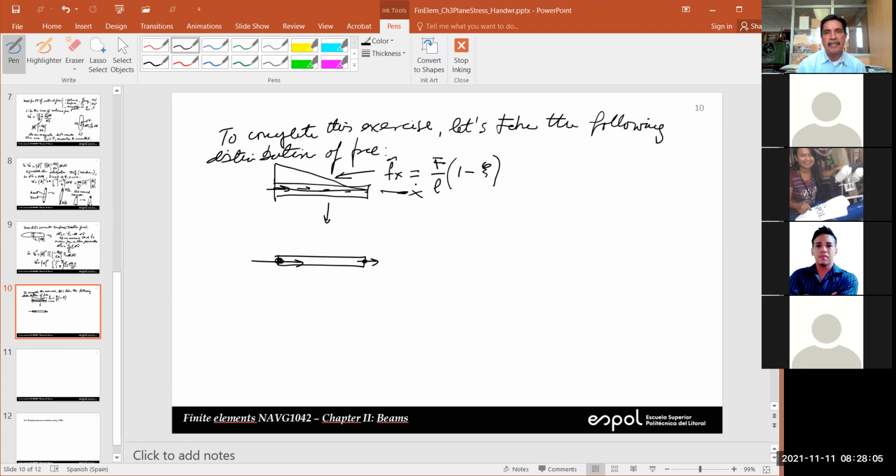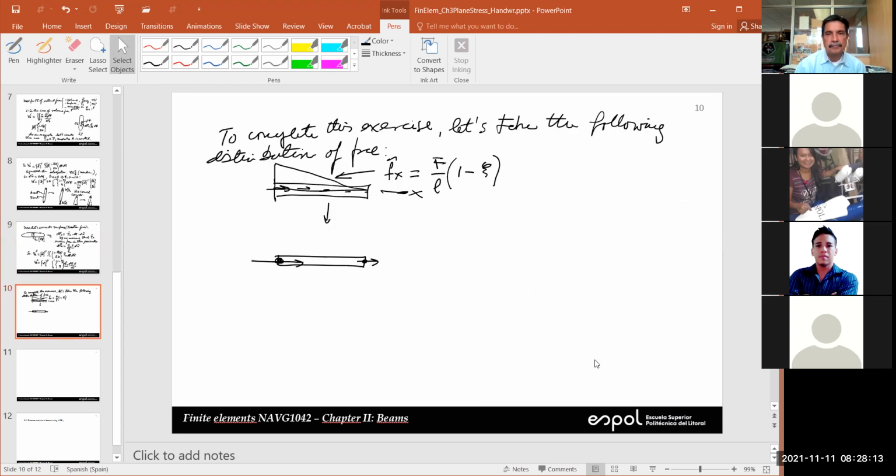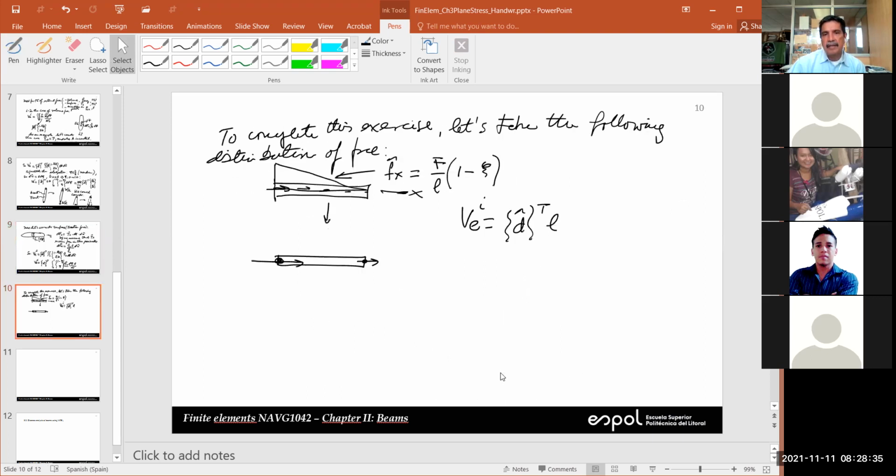Okay, so let's replace this into this integration and let's see what we obtain. Okay, so we said Fe sub i is going to be equal to N transpose. We have L, this L, this L. This is force per unit length.